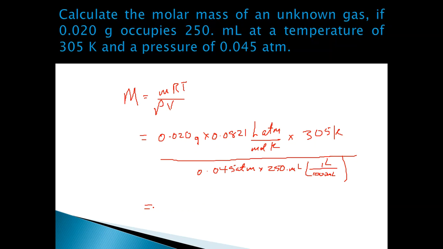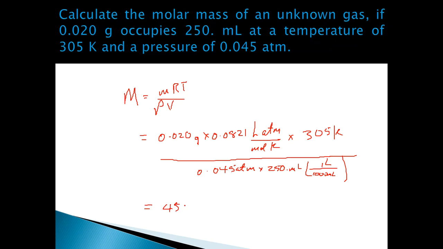So let's do that. 0.02 times 0.0821 times 305 divided by 0.045 divided by 0.25, and the answer I got is 44, or call it 45.